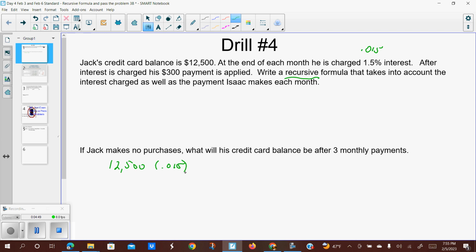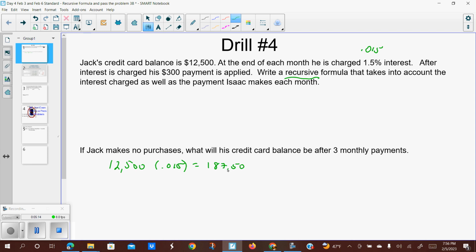And we're going to see how much that is. And hopefully you have your calculators and you can plug all this stuff in. And we should get that the interest would be $187.50.